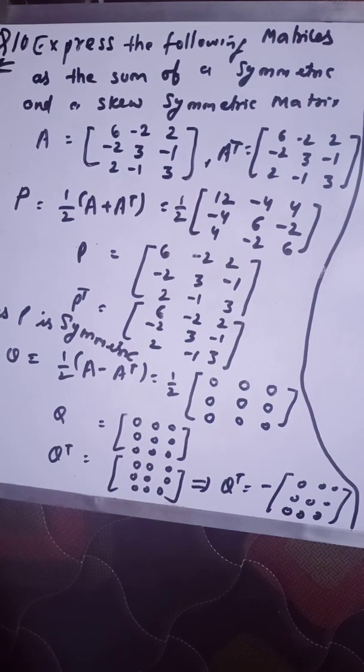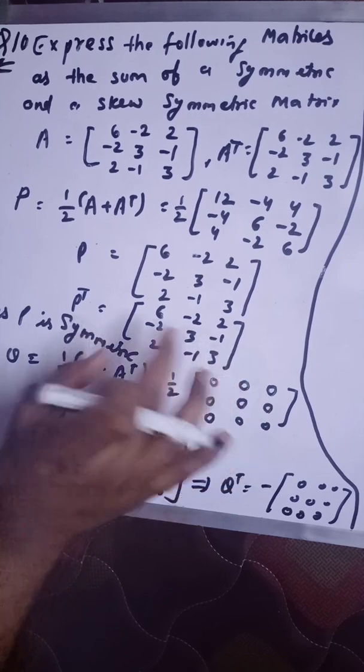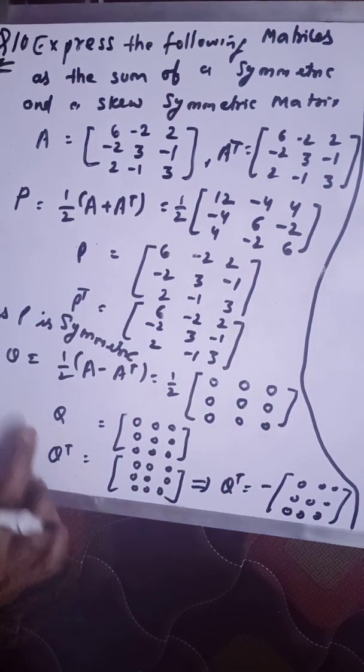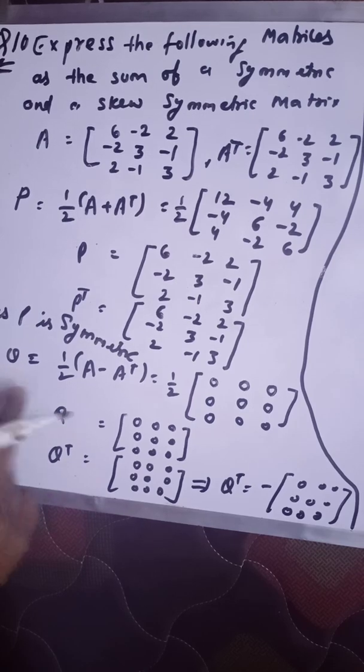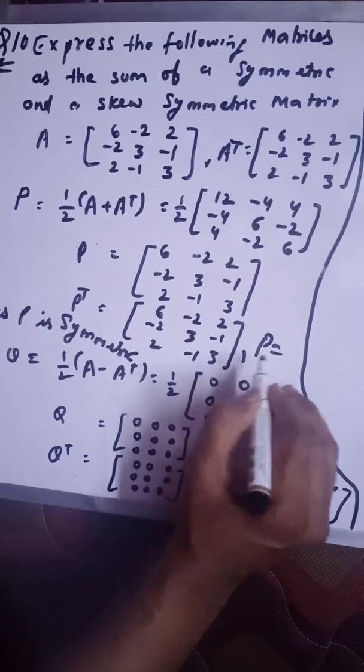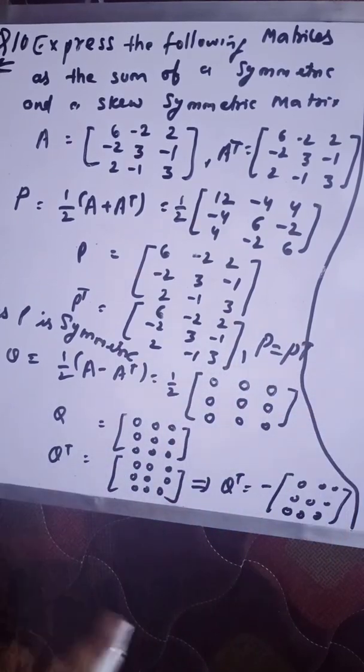Fine. So here this matrix is symmetric, because as you know, if P equals P transpose, then it is a symmetric matrix.